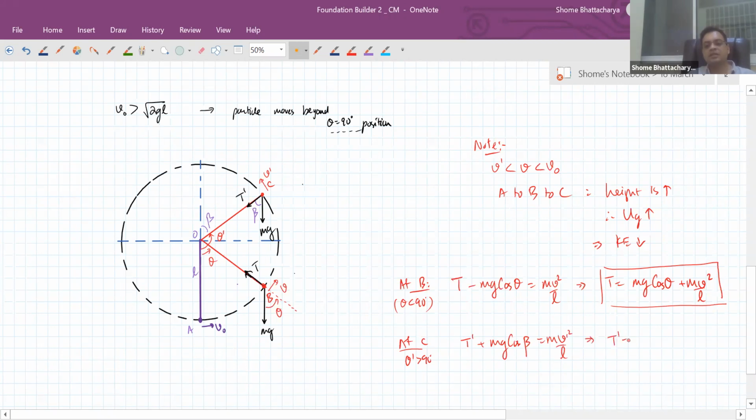The tension is equal to mv prime square by L at that point minus the component of weight, which is radially inwards. So comparison of these two equations will show us the interesting aspect which I was telling you about. In this diagram, you can see that beta is nothing but 180 minus theta prime, because the angular displacement here is theta prime. So beta is just the complement of that.